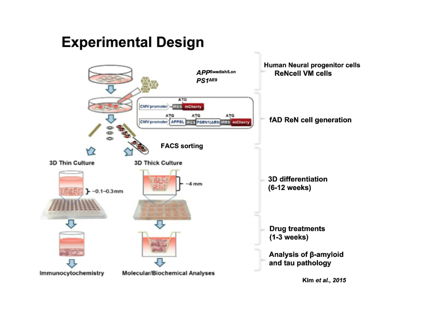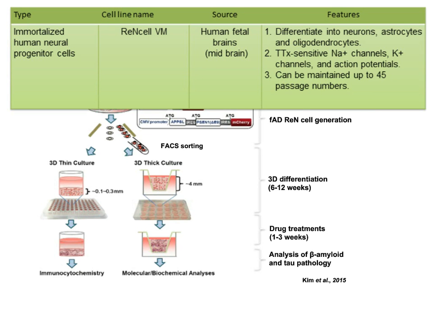Okay, this is the experimental design. You can see we chose an immortalized human neural progenitor cell line, which is called ReNcell VM. These cell lines are derived from human fetal brains, immortalized, and differentiated into 70% neurons, 30% astrocytes, and a very small amount of oligodendrocytes.